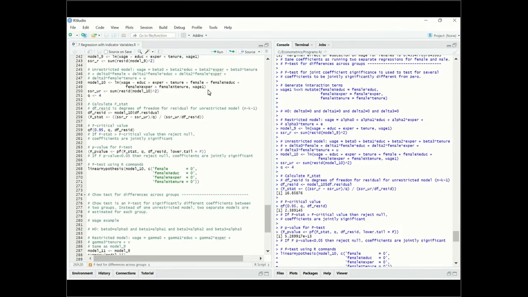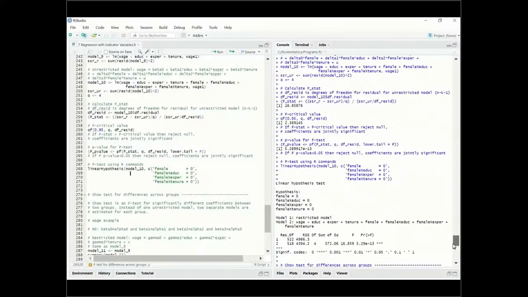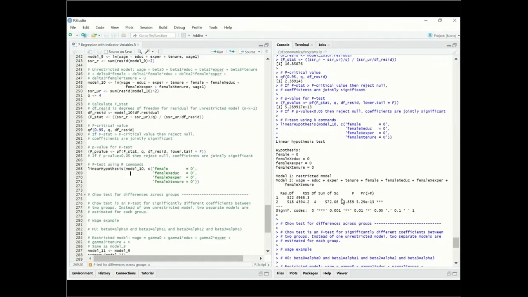And then all we need to do after this is basically just say the coefficient of female equals 0, the coefficient on the interaction equals 0, like that. So notice that these are again not that the variables are equal to 0, but the coefficients on these variables are being tested if they're significantly different from 0. And this is what we see here. So this is the F statistic here, and that is the p-value.